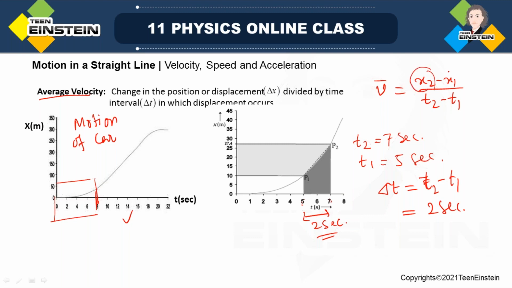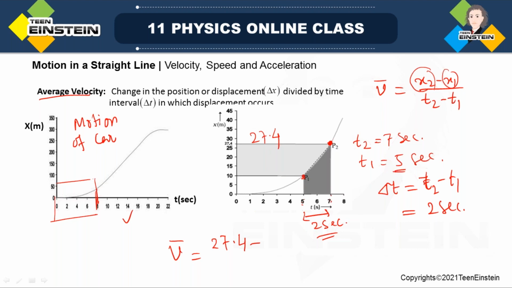Now we have to find x2 minus x1. x2 is the position of the object at t2, which is 7 seconds. This point p2 is the position, and it has a value of 27.4. So x2 is 27.4, minus p1.